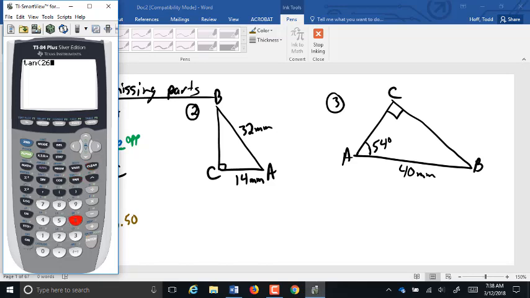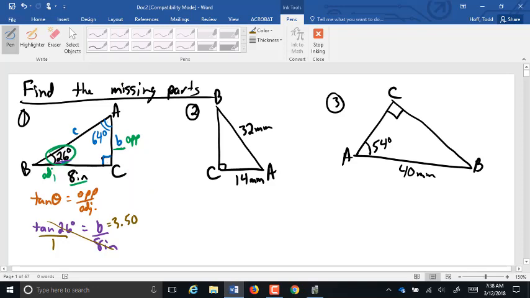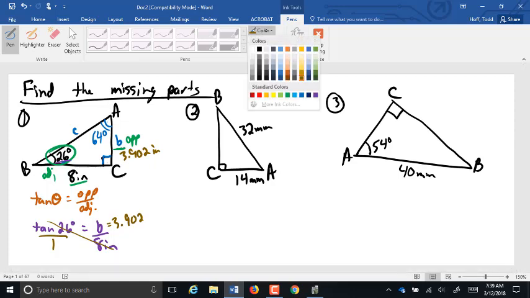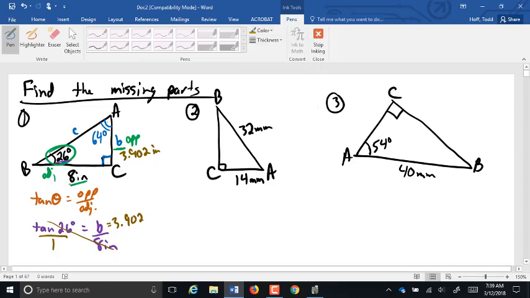Tangent 26 times 8 divided by 1. 3.902. So B is 3.902 inches.